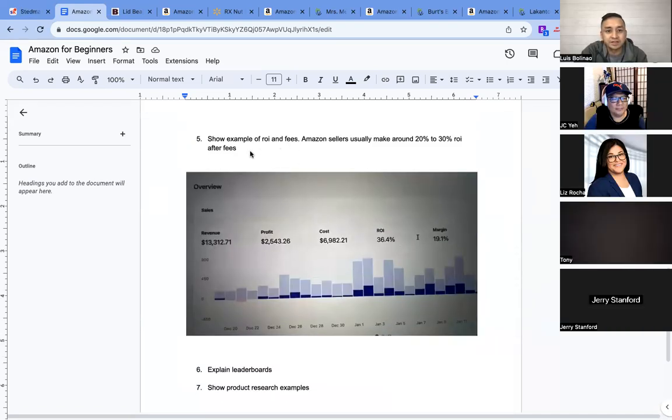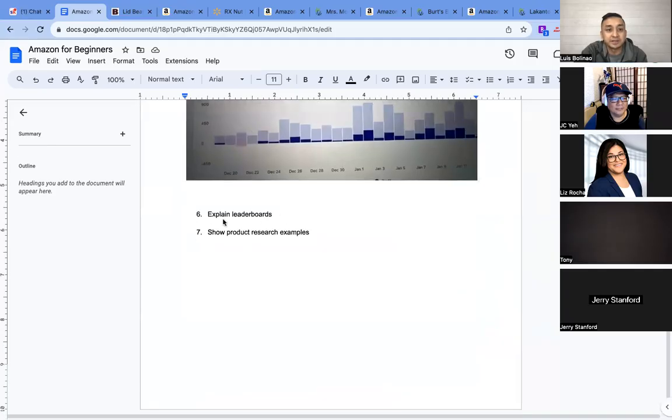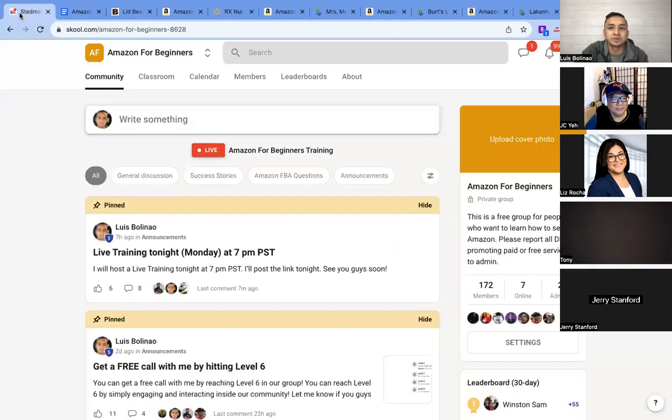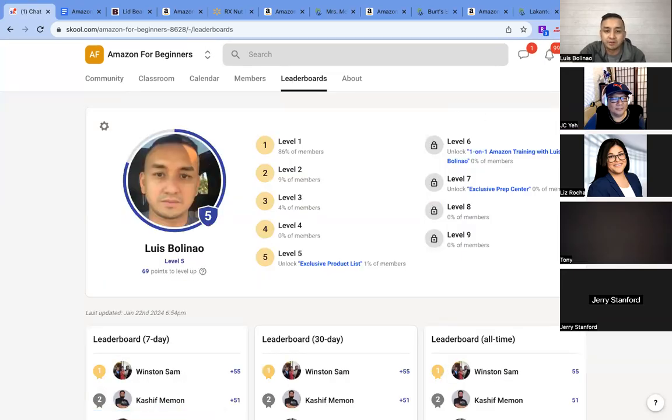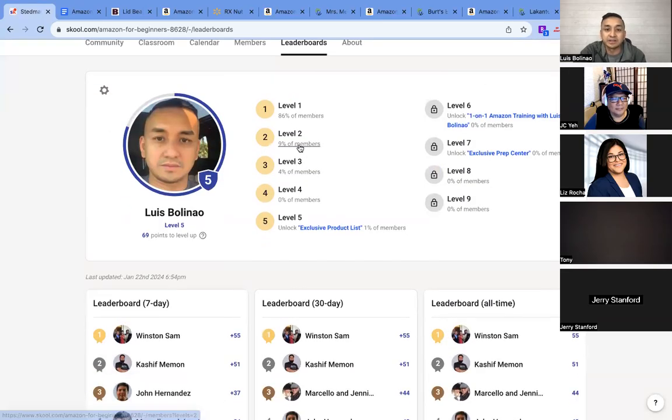So those are the fees and ROI. Okay, so explain the leaderboards. People are asking me about the leaderboards too. It's just a Skool feature where when you hit a certain level in the group, you get rewards. Skool likes to gamify this and make it fun.